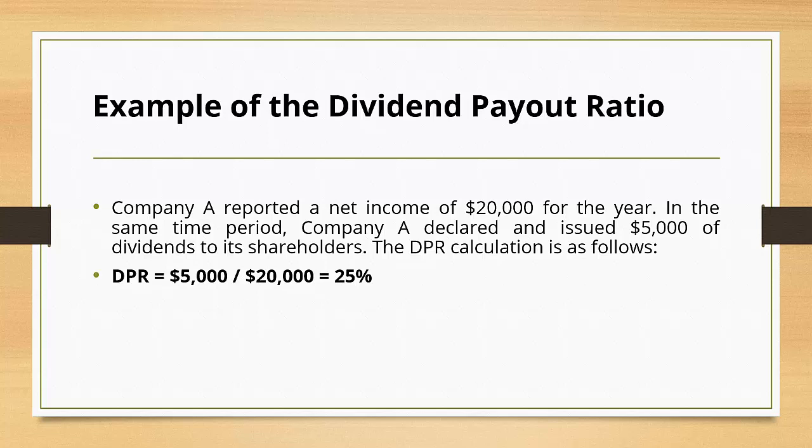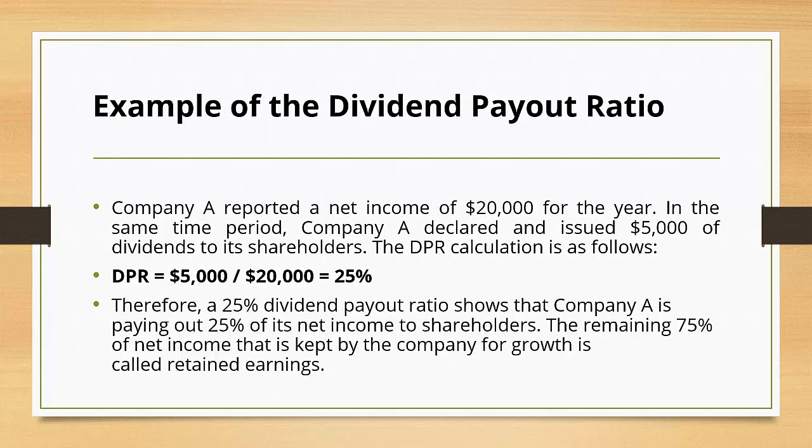The dividend payout ratio calculation is as follows. Simply, we will divide the declared and issued dividend of 5,000 by the net income, which is $20,000. So this way we will get dividend payout ratio 25%.